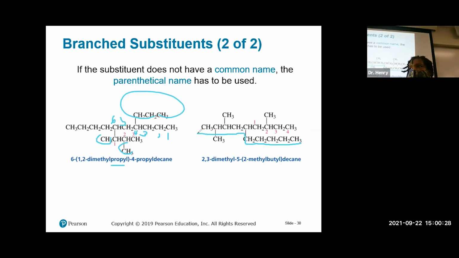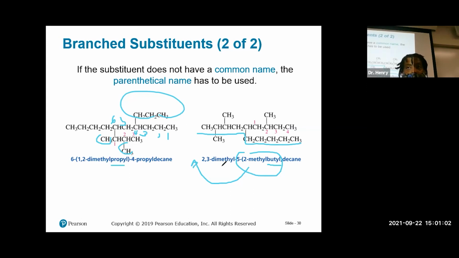Okay, they just blew my mind. They broke all the rules because this is a butyl, and then they put it afterwards. I need to confirm this because I don't think that's right, because B should have gone before. This guy should have gone before this guy. So I'll have to confirm that. Good question. I'll confirm the answer to that.